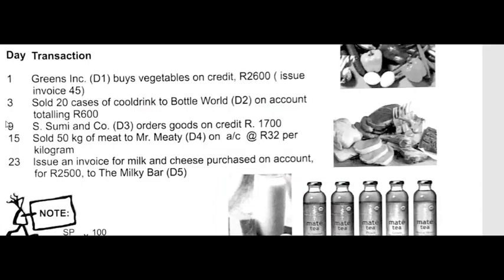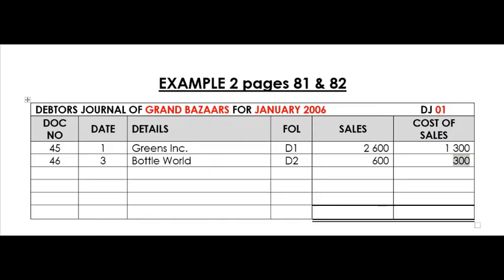The next transaction on the 9th said S. Sumi and Company, debtor number 3, orders goods on credit. Once again, on credit means that they are one of our debtors for 1,700 Rand. So if you take this to the debtors journal, it will be the next invoice number in line, so it will be invoice number 47. On the 9th, it's S. Sumi and Company.